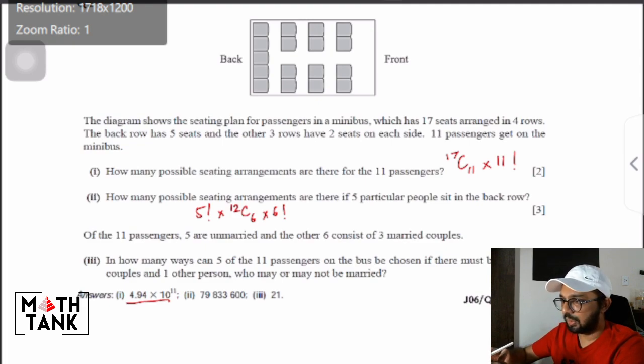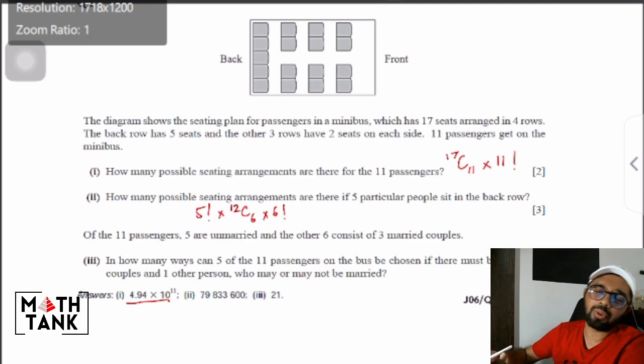Now you also need to understand that this is just one way of doing the question, and when you are updating the marking scheme over the years, you need to be very careful, it's not necessarily that the particular solution that you're writing down is correct.